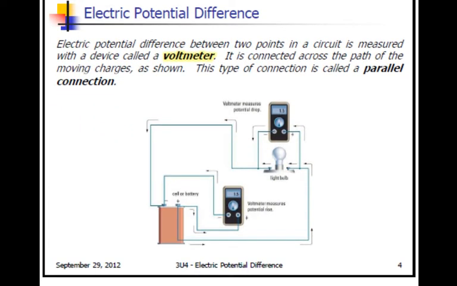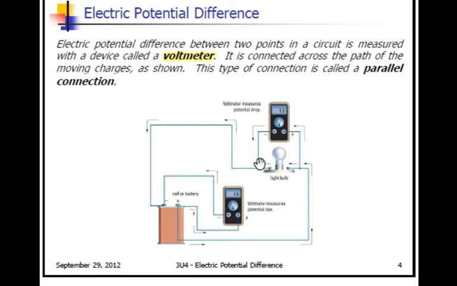We can measure the electric potential difference across something using what's called a voltmeter. Now, this is opposite to how we would connect the ammeter. We have to connect a voltmeter across something, through what's called a parallel connection. Here we see this light bulb, and our voltmeter has to be connected across the light bulb.